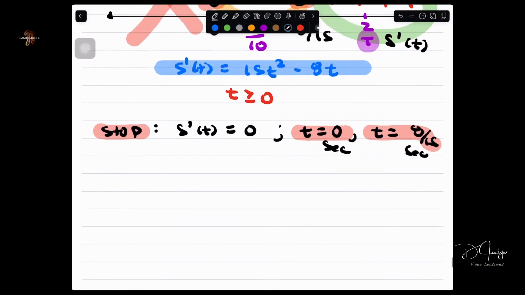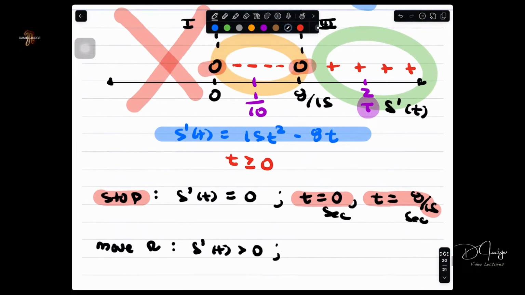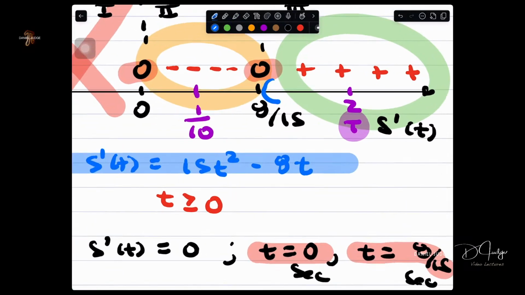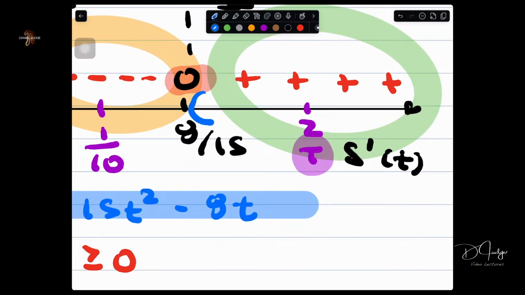The particle moves to the right when that velocity function is positive. And that's in green over here. So you're moving to the right for t values. Let's take a look. I like to see the interval. That's open circle because you don't include the 0.